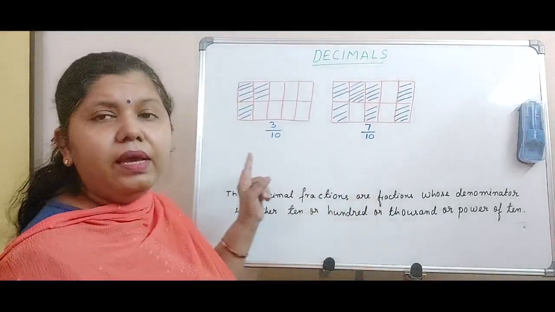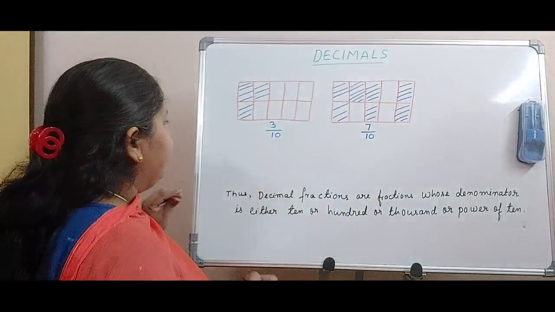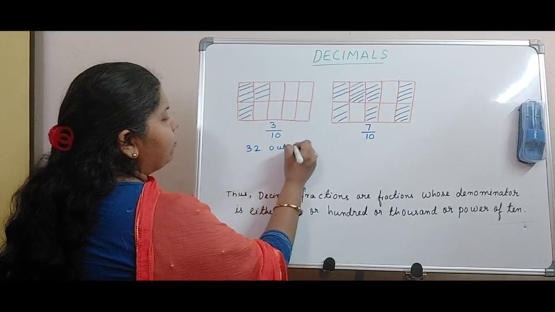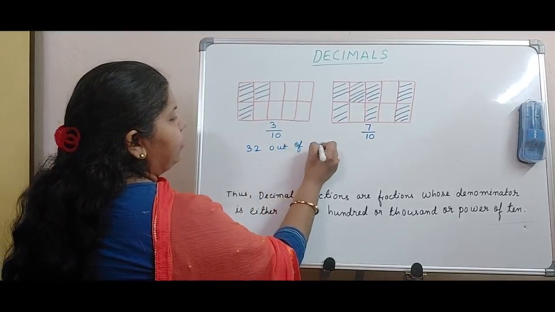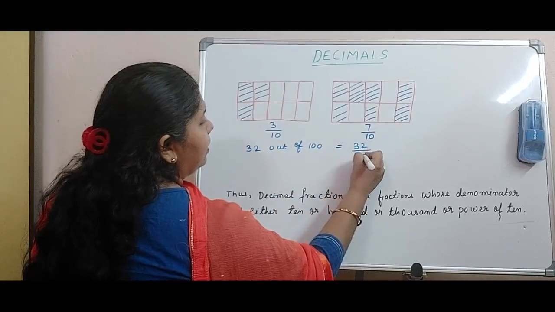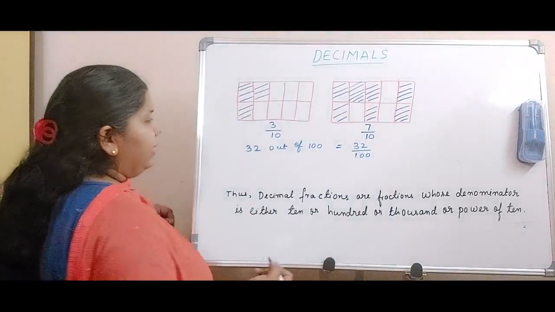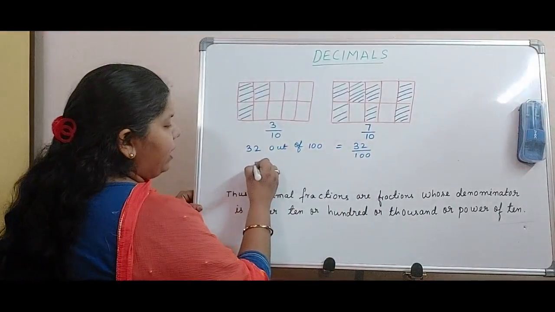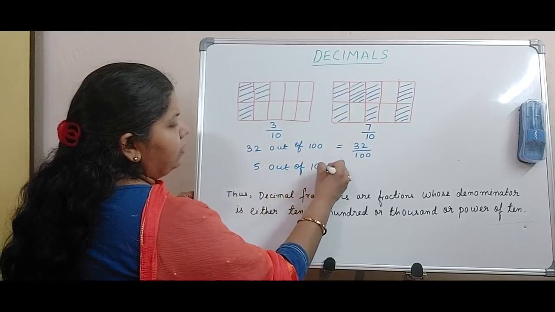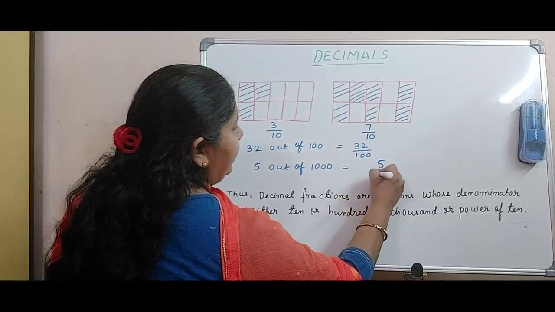Similarly, we can also get fractions like 32 out of 100, that is represented as 32 upon 100. We can also get fractions like 5 out of 1000. So how will we write it? 5 by 1000.